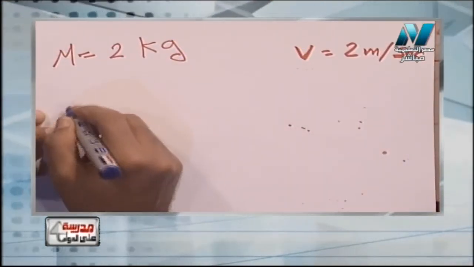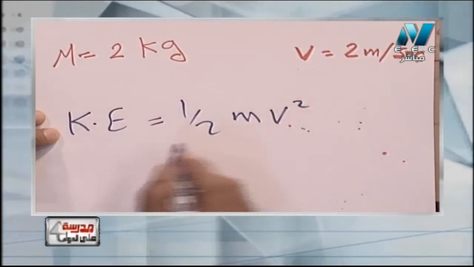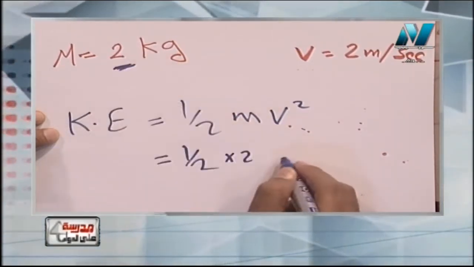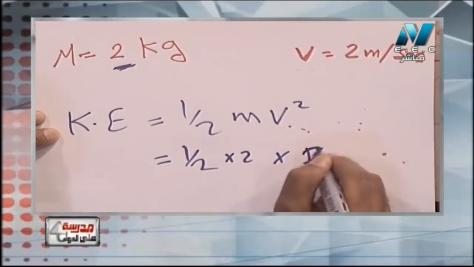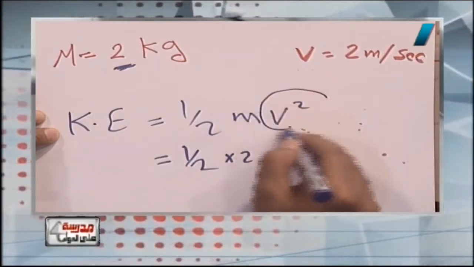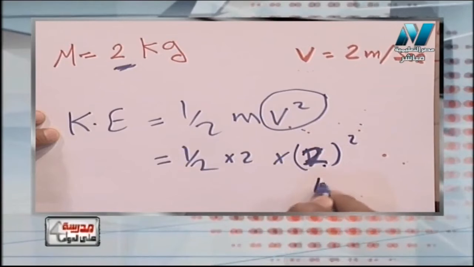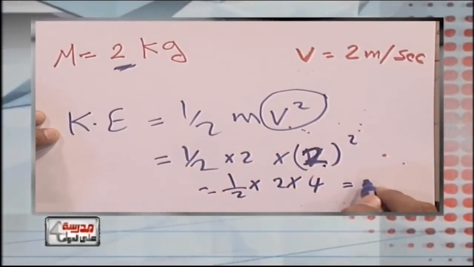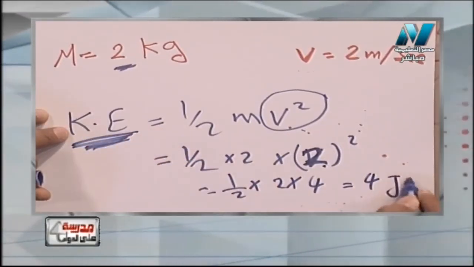So kinetic energy equals half mass times velocity square, equals half times 2 times speed square. Speed equals 2, but if I write 2 it will be wrong because it is speed square, so it will be 2 square. 2 square means 2 times 2, it will be 4. 4 times 2, it will be 8. 8 times half, it will be 4. I talk about kinetic energy, so it will be 4 joule.